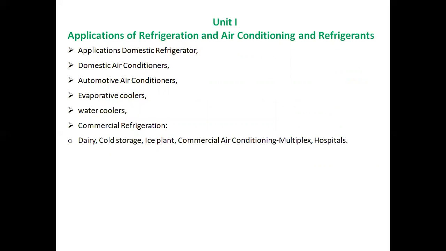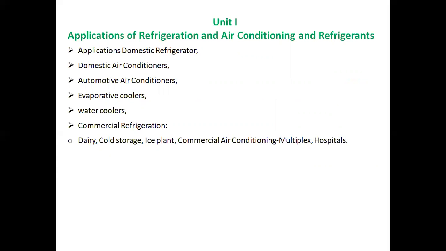The first unit of this refrigeration and air conditioning course is on applications of refrigeration and air conditioning, and then the refrigerants. Today in this lecture, I am going to discuss the applications of refrigeration and air conditioning only.